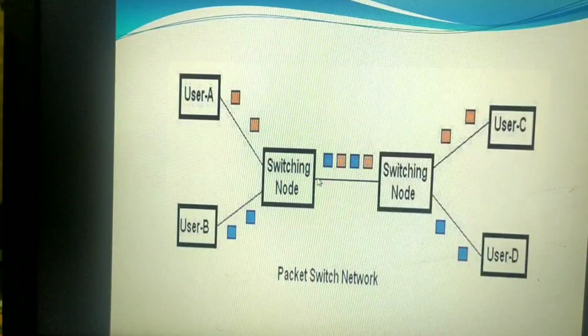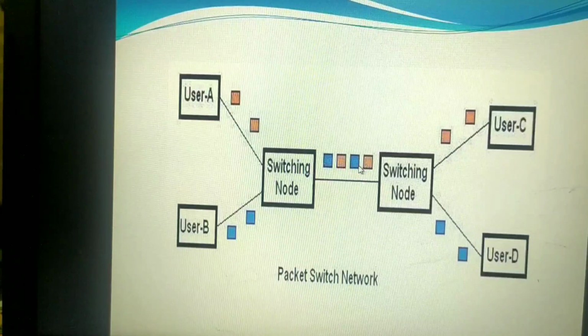While reaching the nearest switching node, user A's first packet might be the first to reach, maybe then A's second packet, and then user B's packet, as I have given the sequencing numbers here, A and B, and 1 and 2.